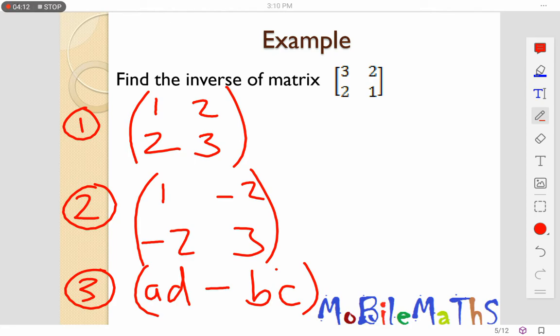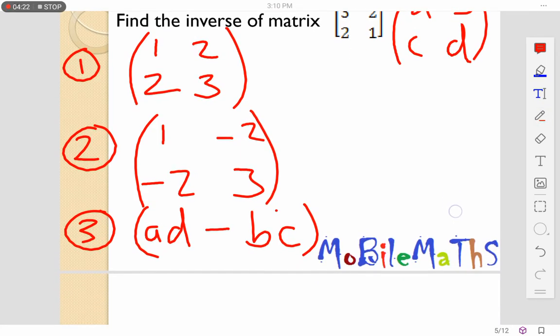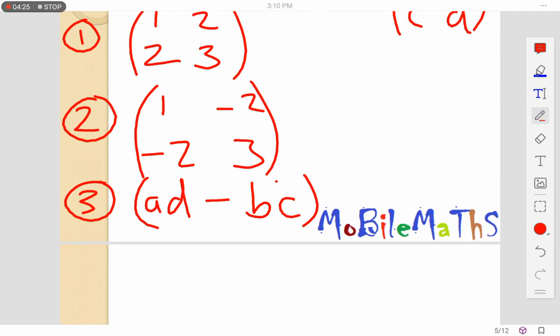It still corresponds to what we had done, we had A, B, C, D, so they still remain the same. So let's use them, and in this case we get 3 times 1 minus 2 times 2. Okay, like that.